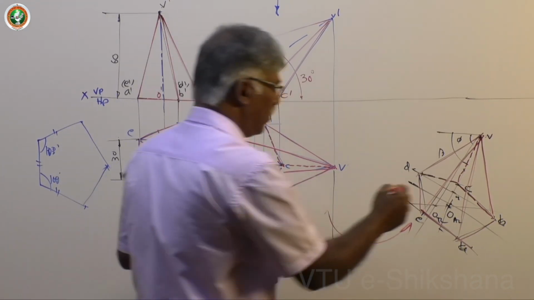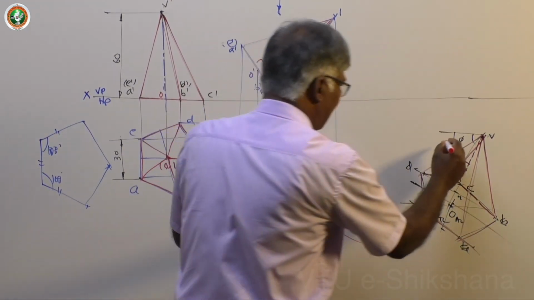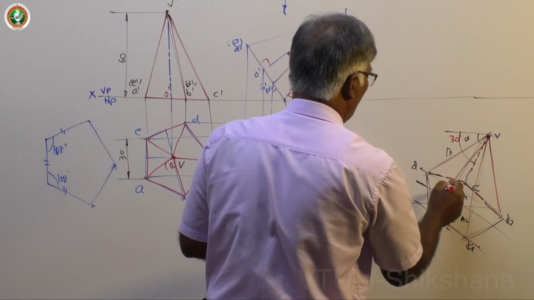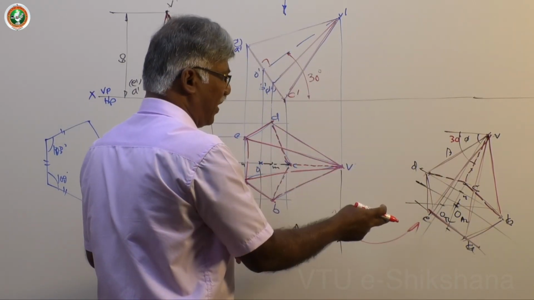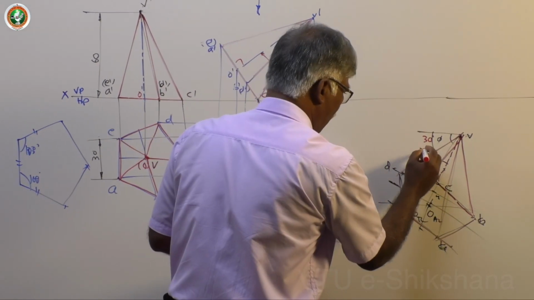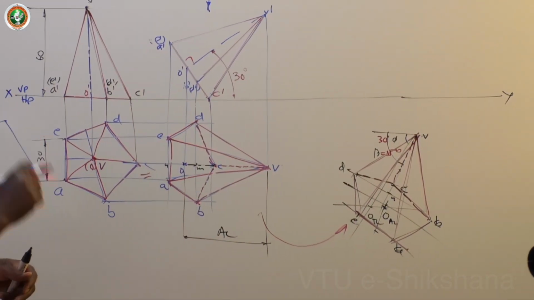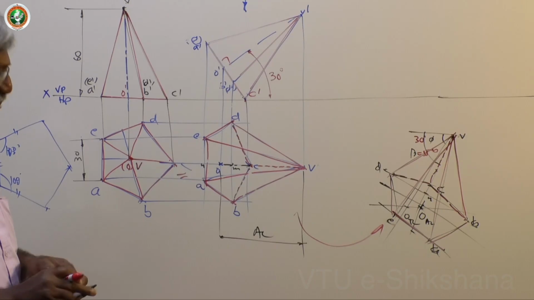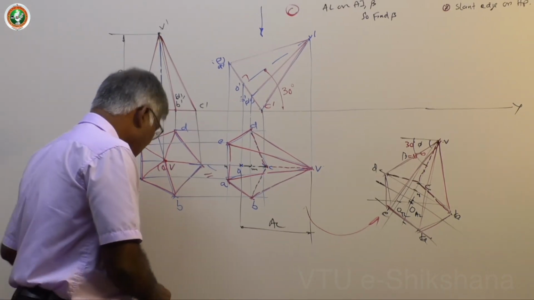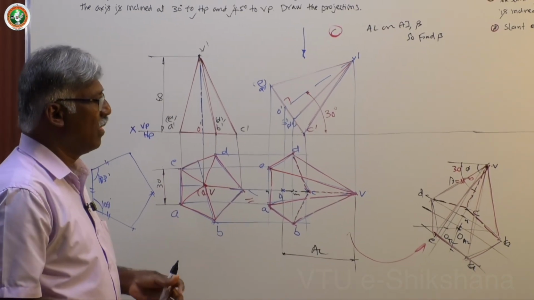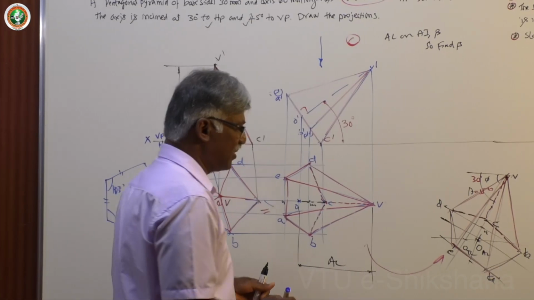So this is basically 30 degree. Now again if you have 45 degree inclination, then you will get beta equal to 55 degree if you measure, that is what we used to get. So now you project it up towards the front view and get all the points ready.